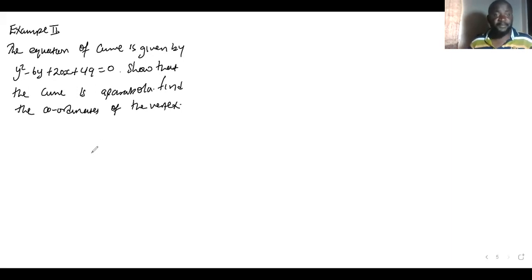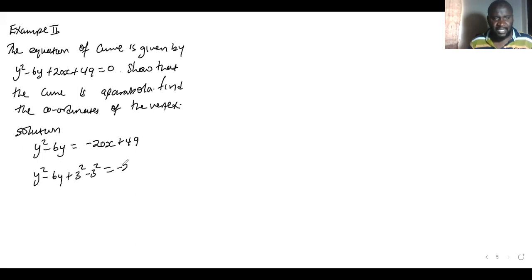Now, to start with, you can see our equation has been given clearly. This is y squared minus 6y can be equated to negative 20x minus 49. Completing squares skills are required here. y squared minus 6y plus 3 squared minus 3 squared is equal to negative 20x minus 49, so that I create a (y minus 3) squared.